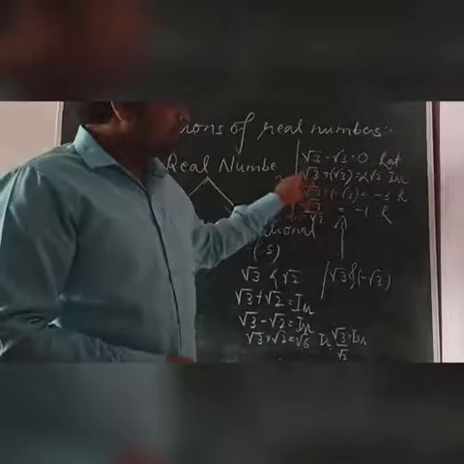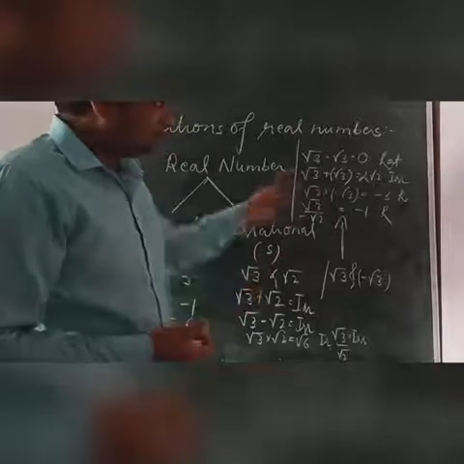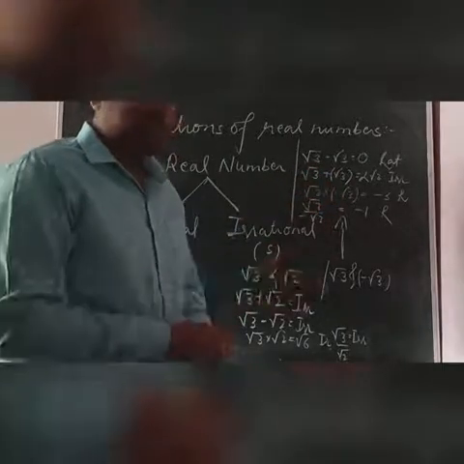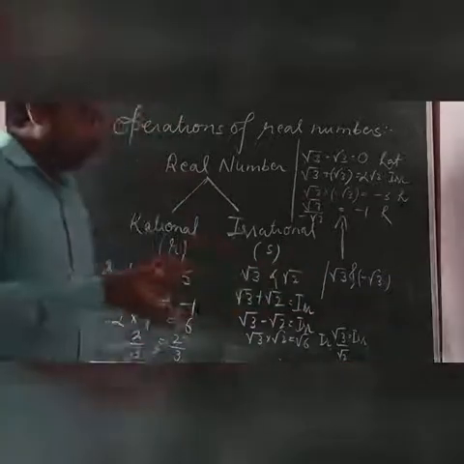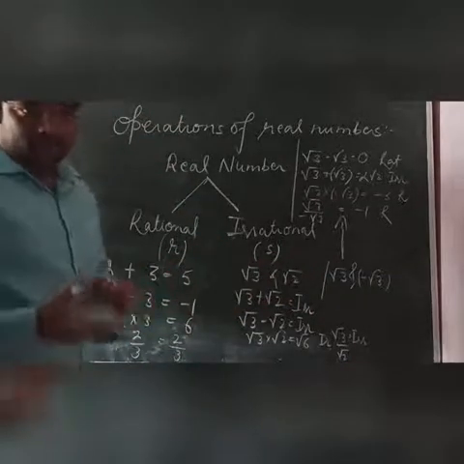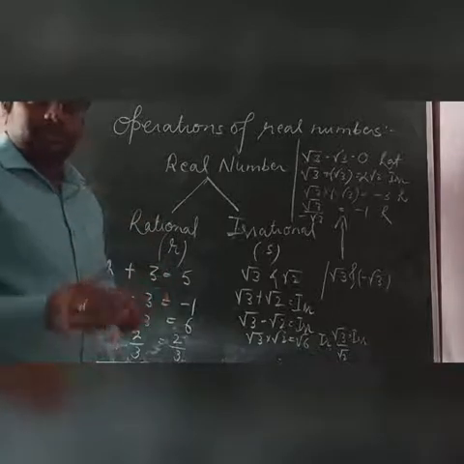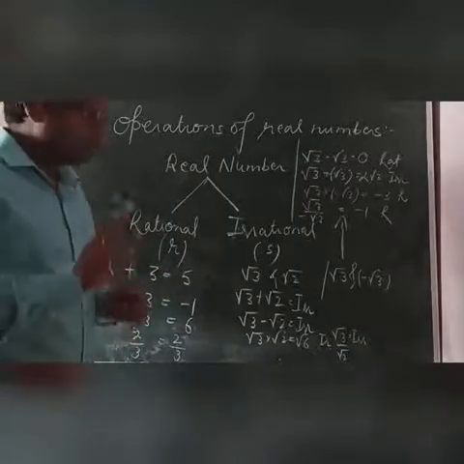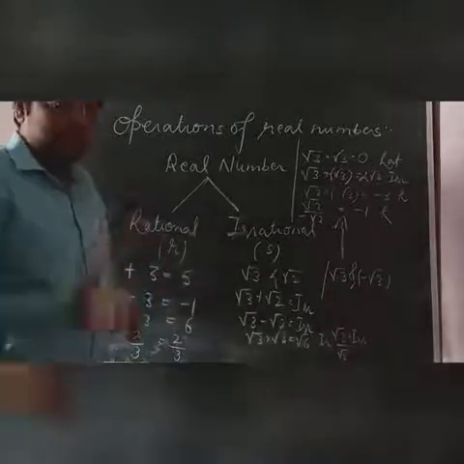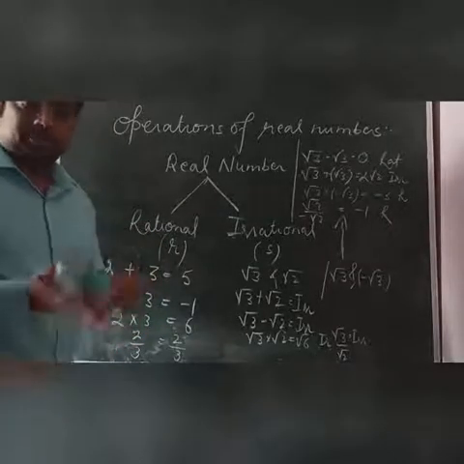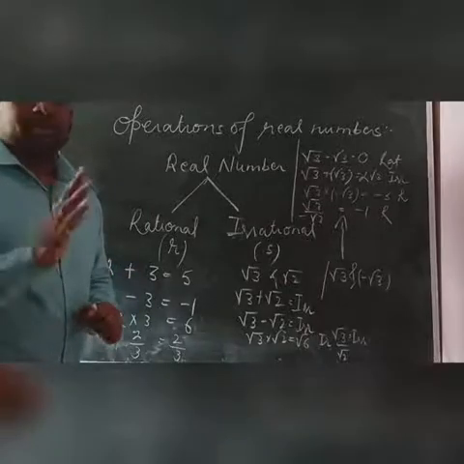But in some conditions the sum of two irrational numbers is a rational number, and likewise for subtraction, multiplication, division. It means if you take two irrational numbers, then the result may be rational or irrational. But if you take two rational numbers, you always get a rational number.